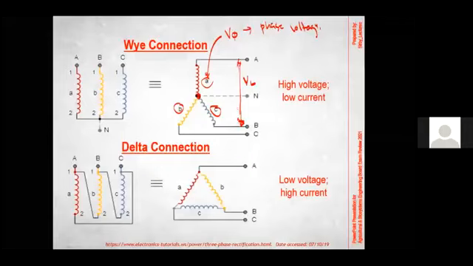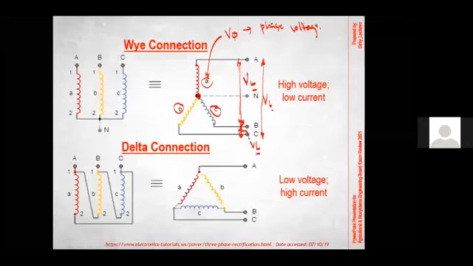So from line A to line B, that's the line-to-line voltage. From line B and C, we can also get another voltage source, and from line A to line C, we can have another voltage source.